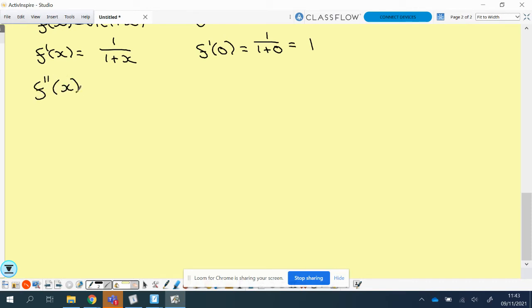Let's go for the second derivative. I need to differentiate this here. Using the chain rule, you bring 1 plus x up as a power negative 1. What that would yield is negative 1 over 1 plus x all squared. Therefore f double dash of 0, I substitute that in, so it would be negative 1 over 1 plus 0 all squared, which gives me the value of negative 1.